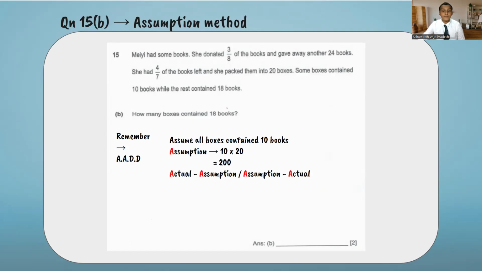Then actual minus assumption or assumption minus actual is 256 minus 200. In this case, it is actual minus assumption, which is 56. Then 18 minus 10, which is 8. And then 56 divided by 8, which is 7. So this is your answer for this question, 7.